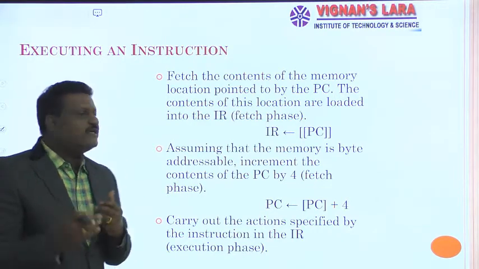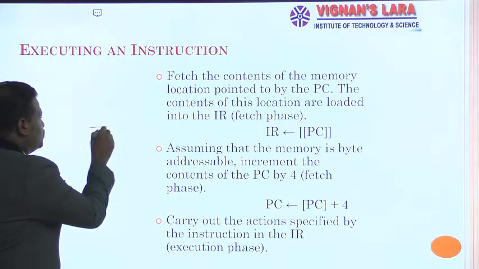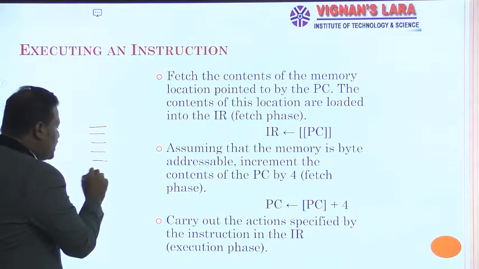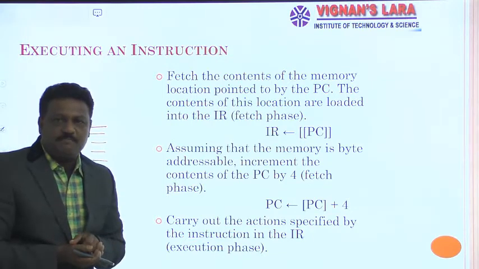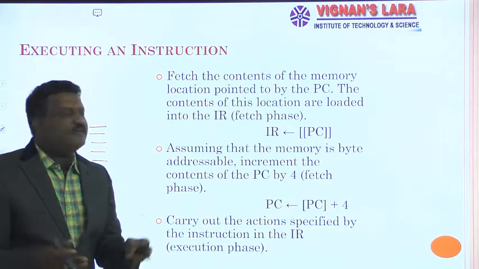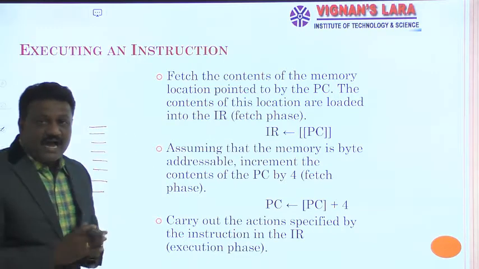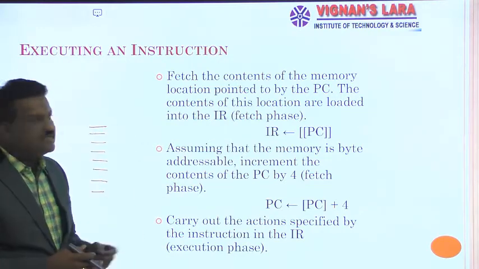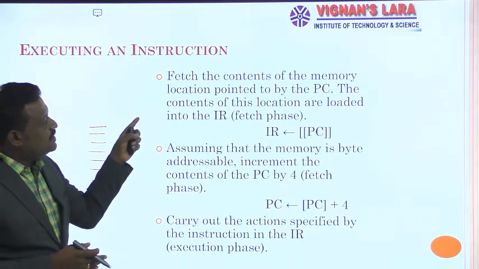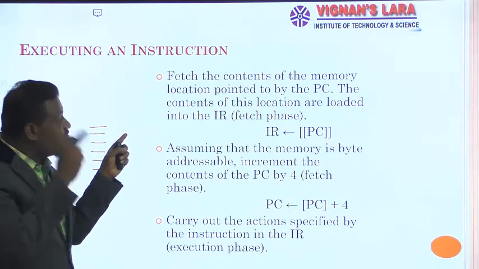So if I want to execute a program, what do I have to do? This is my program, and in this program each and every instruction size is 4 bytes. In the execution of an instruction, what are the different steps I can follow? My first step is to fetch the contents of the memory location pointed by the PC.